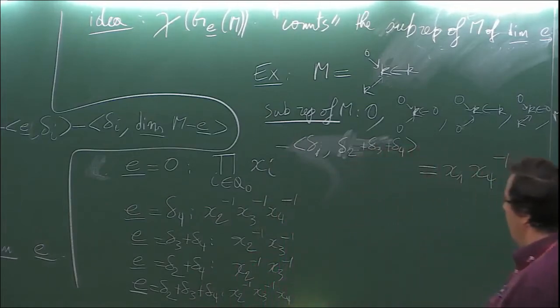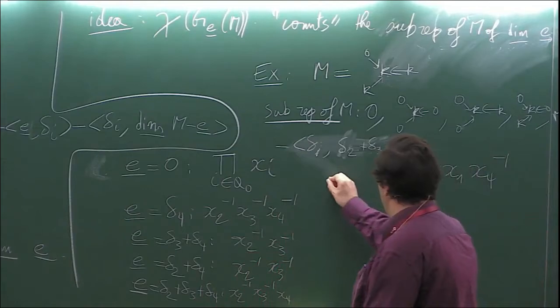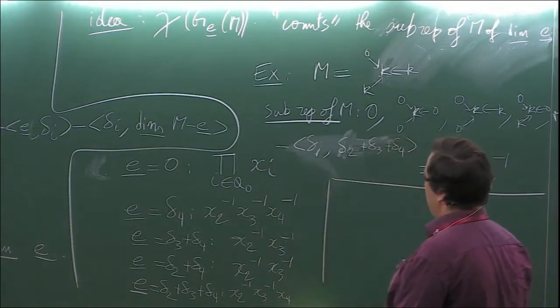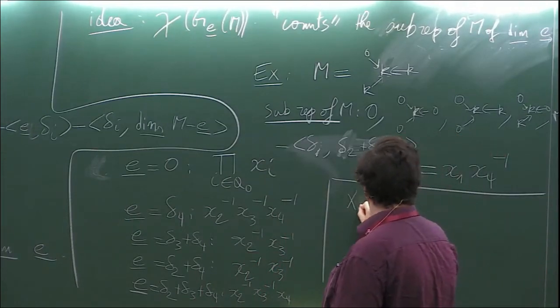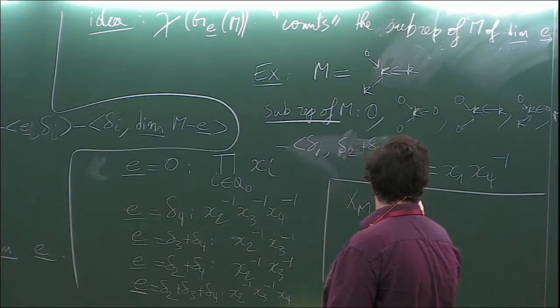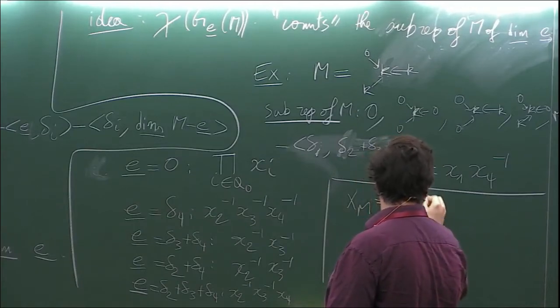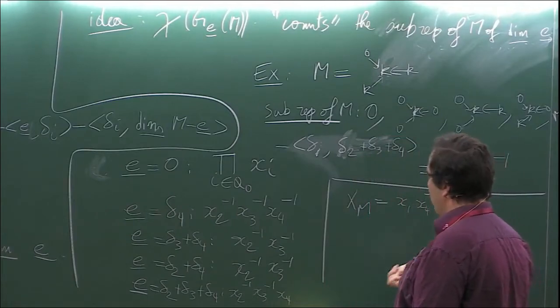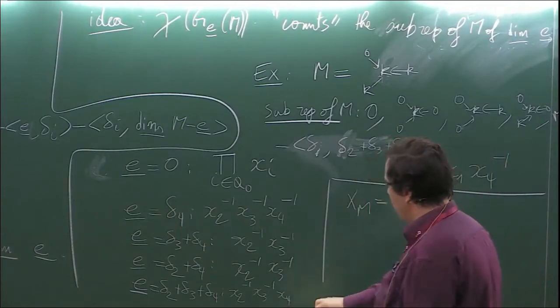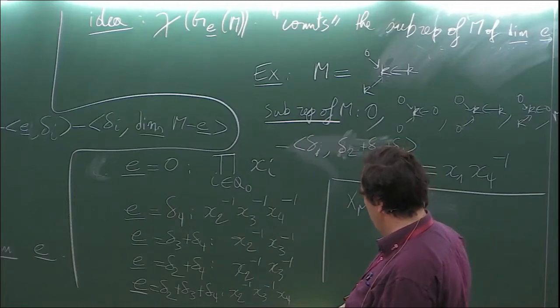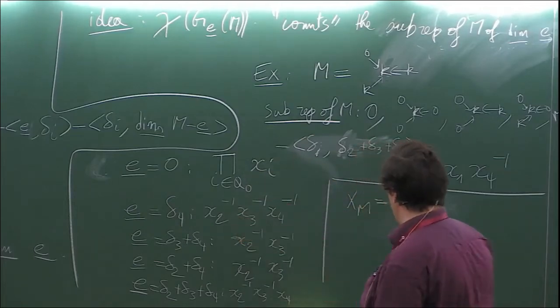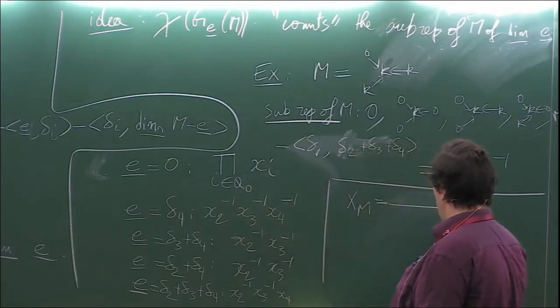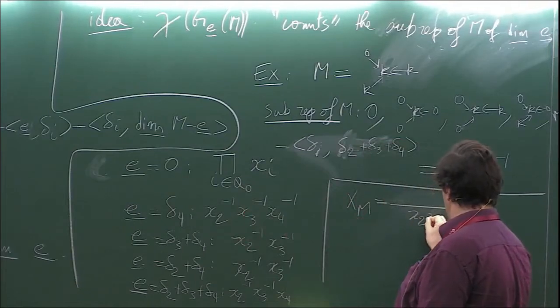I sum them up. And then, okay, let's do it. So maybe I write it here. What do I obtain? I obtain xM equal x1 x4 to the minus 1 plus x2. Okay, maybe I put to the same denominator at once. I mean, the biggest possible denominator is this one, all right? It's x2 x3 x4.